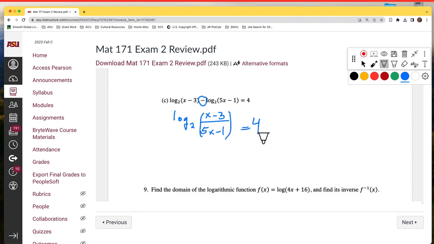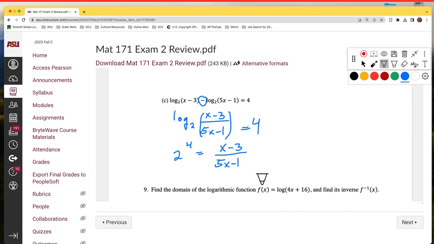Okay, so that's the first step, get it down to that. Then to solve it, we do the log dance, we change it into an exponential. So the base is 2, the exponent is going to be 4, and that equals x minus 3 over 5x minus 1. And now we solve from there.